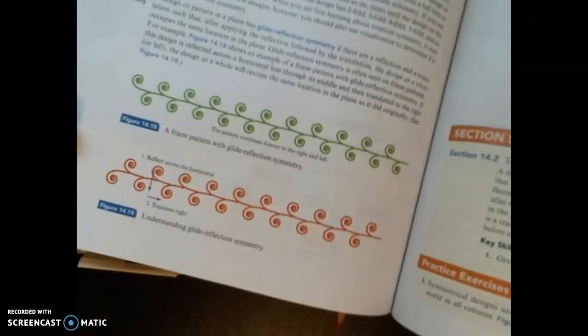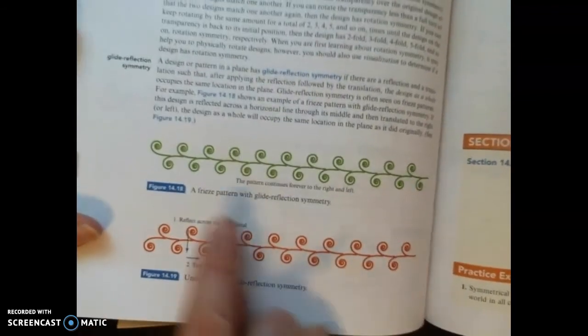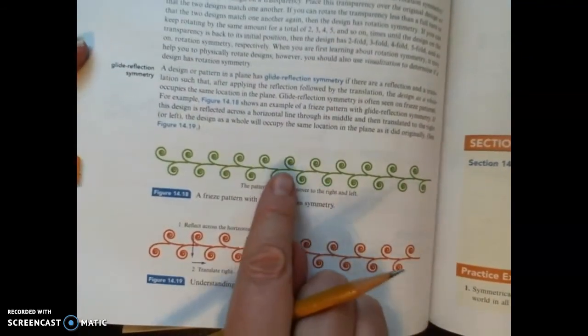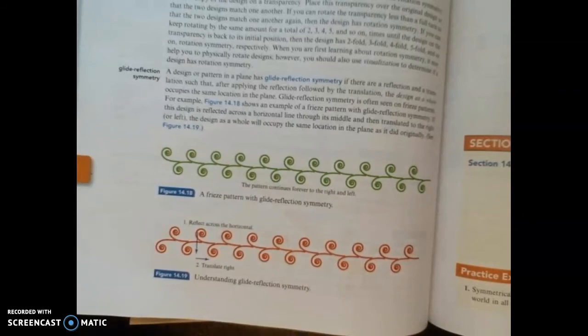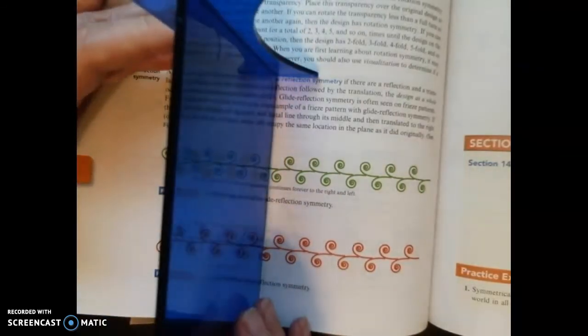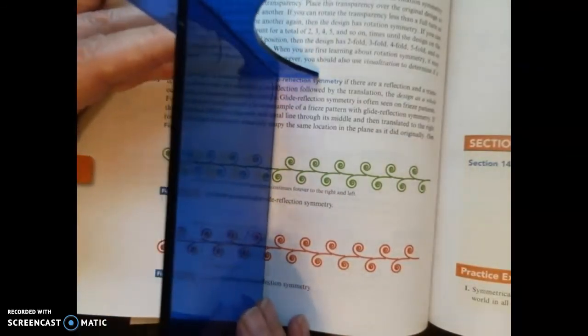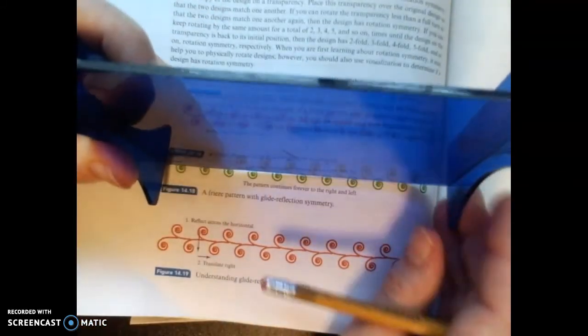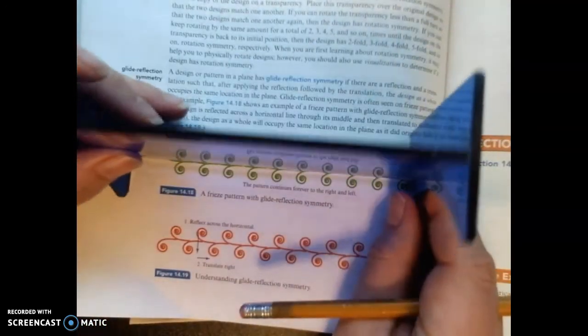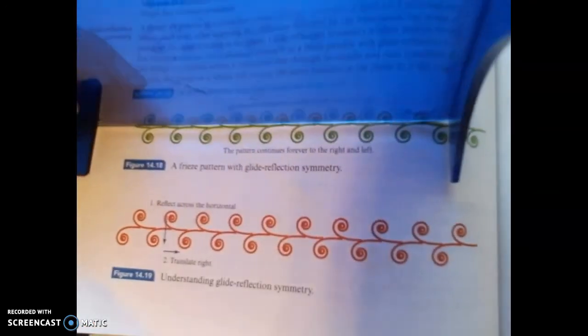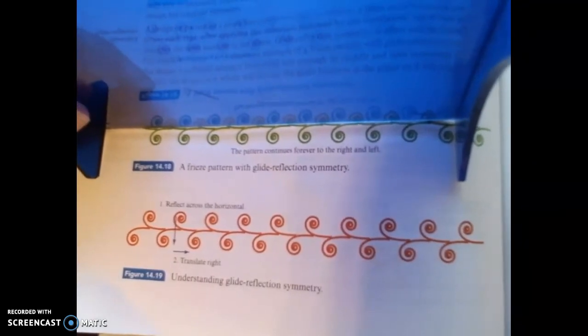A frieze pattern is another one. This is a glide reflection. Notice if I just reflect it across, the little curly Q guys are going to be backwards. And if I reflect it this way, see how they reflect in the in-between?